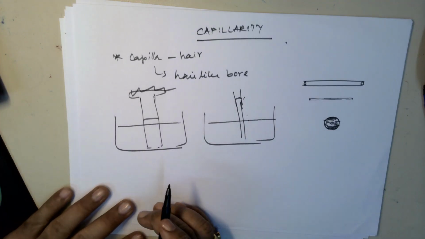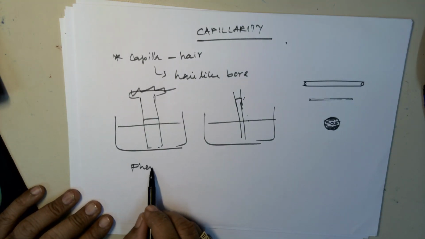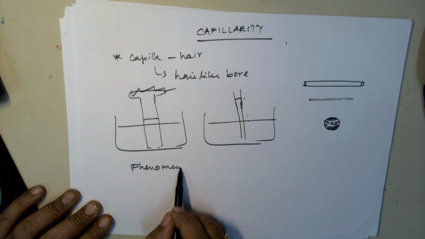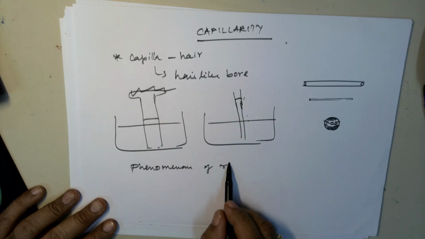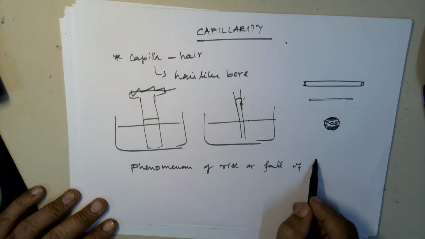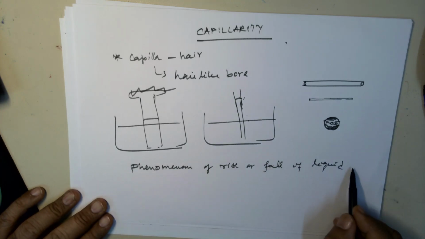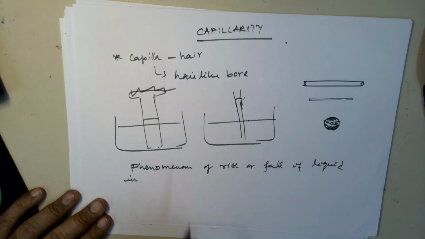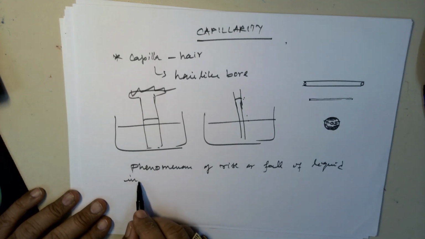Take out: the phenomenon of rise or fall of liquid in a capillary. Capillary means a tube of very, very small orifice with a small diameter.